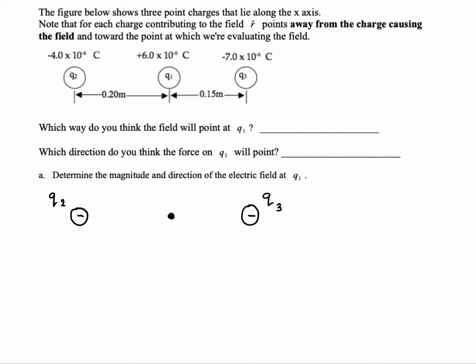This is because a charge can't exert a field on its own location. Charges can only create fields from a distance. So some of the things we'll need to know to solve this will be, we need to know how many coulombs are at these locations.